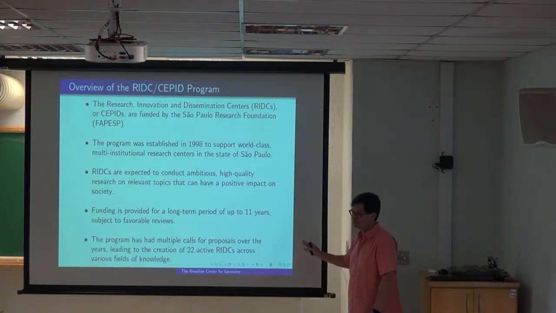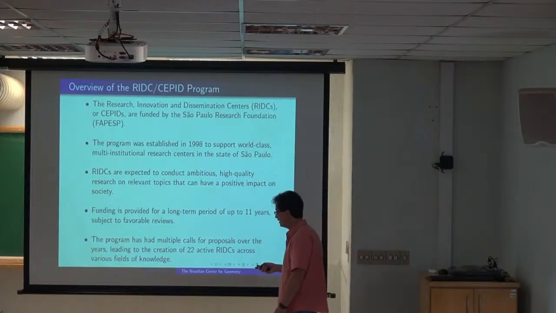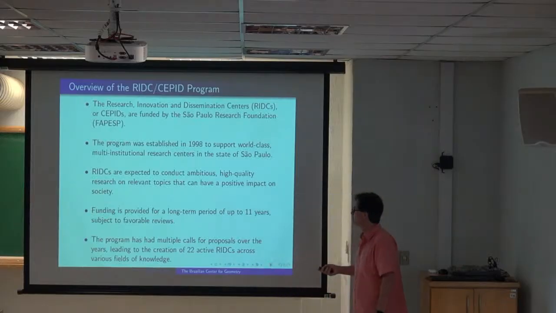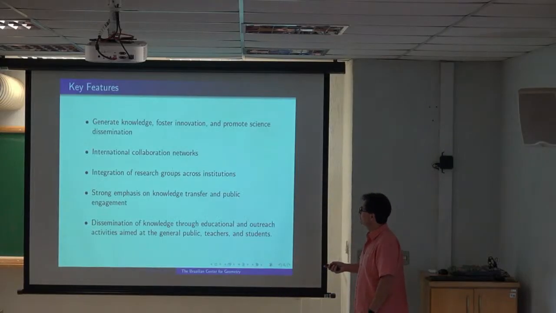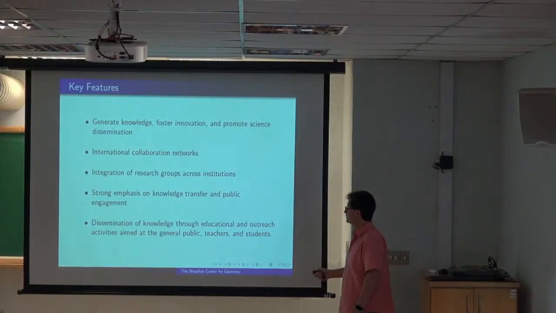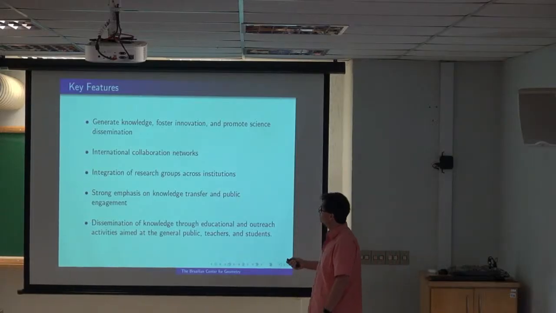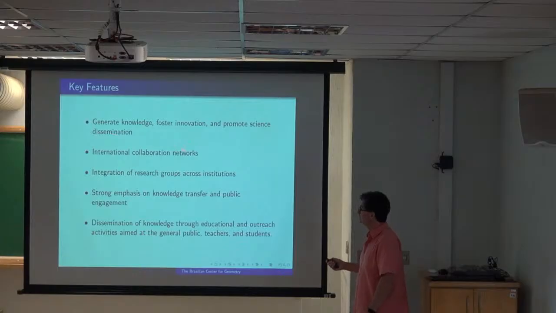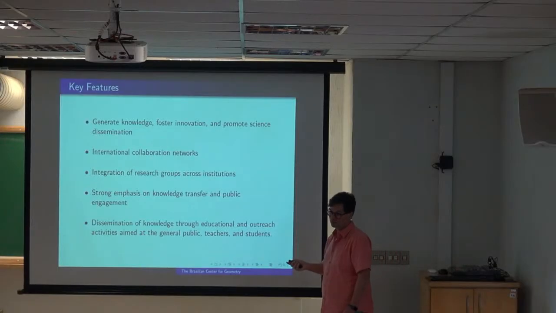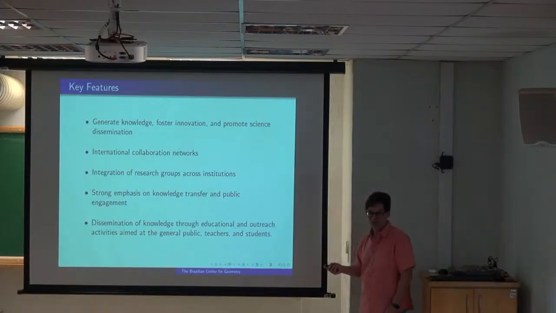Ours, the Brazilian Center for Geometry, is the first one in basic sciences, which doesn't have any immediate applications. This is a little bit about our mission, and in particular strengthening international collaboration. Perhaps this is one of the goals of the present meeting.